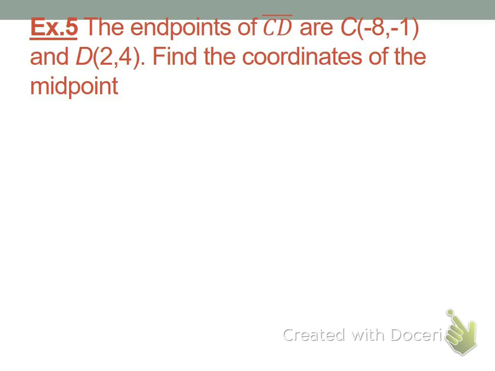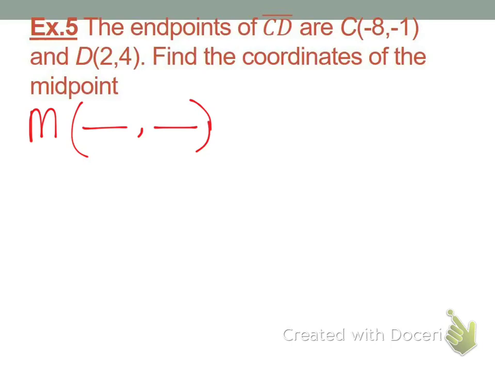The endpoints of segment CD are -8, -1, and 2, 4. Find the coordinates of the midpoint. This is just like number 4, except they didn't give us a graph. So you can do it with or without a grid or a coordinate plane. It's the same idea. So our midpoint, we first add the x's.